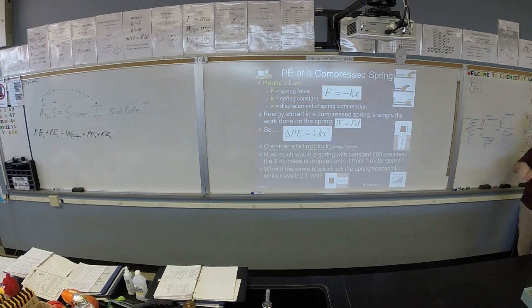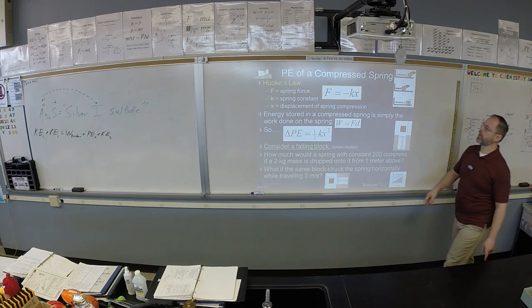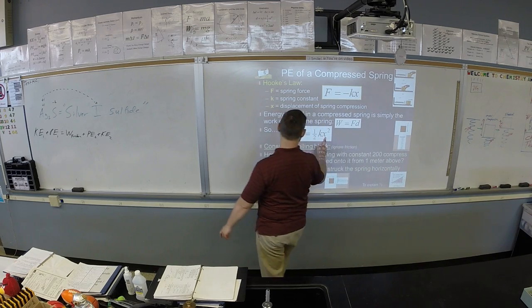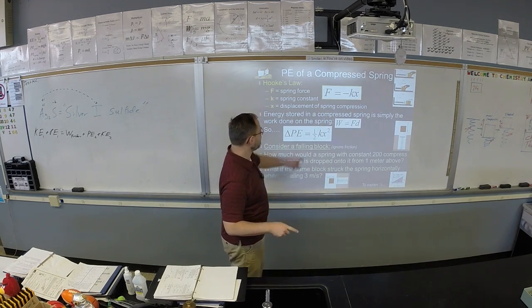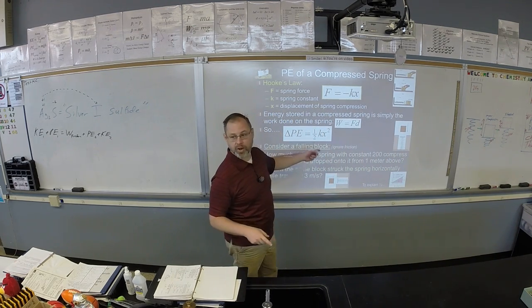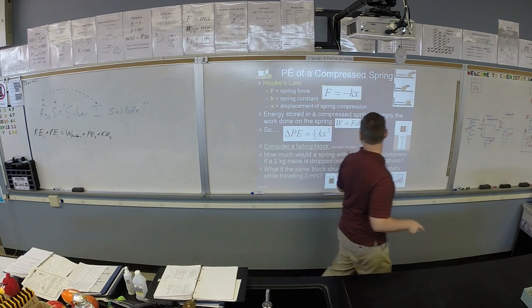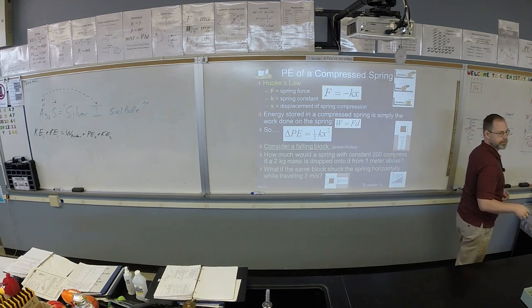So let's just do the whole exercise over again so we can remind ourselves how this works. Again, using the formula that potential energy is 1/2 kx squared, and k is 200, x is what we're solving for. What is the PE that we're solving for?